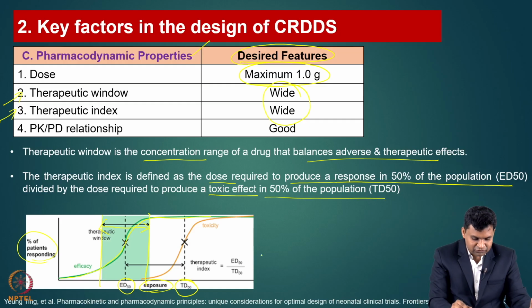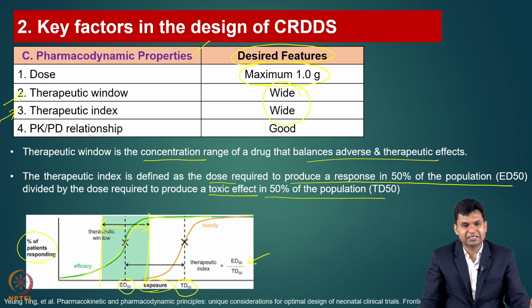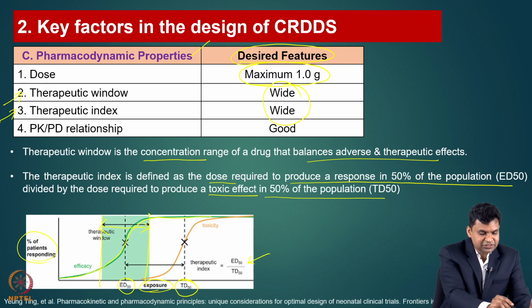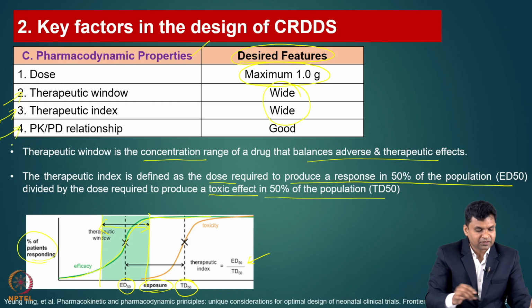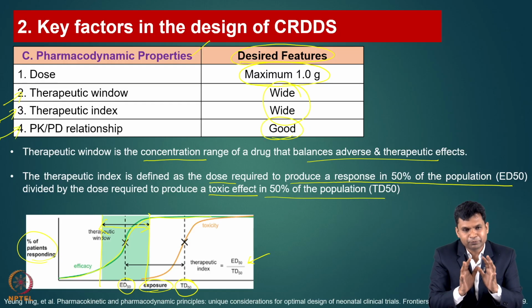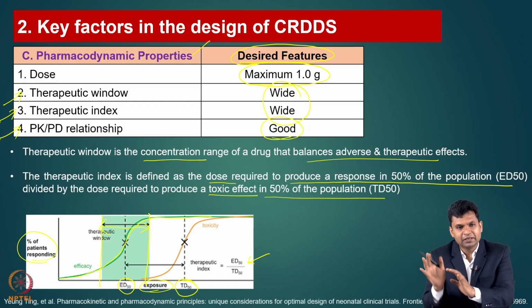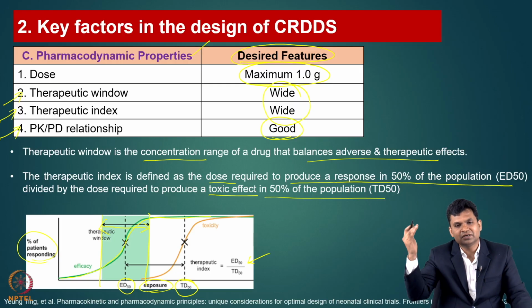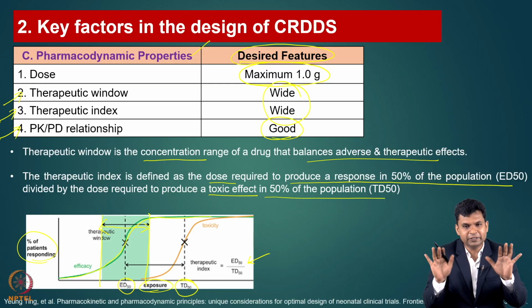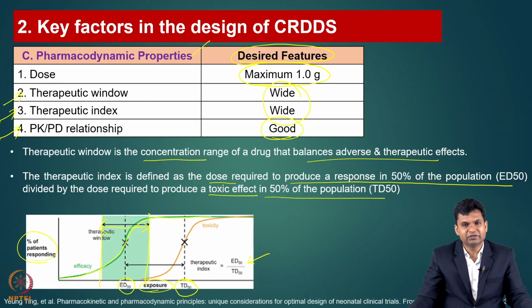So, that will give the therapeutic index. So, both should be higher, and the relationship between the pharmacokinetic and pharmacodynamic should be good. That means the ADME properties will help in the dynamics or the efficacy of the drug. That relationship should be very, very good. So, then we can go for the control release formulations.